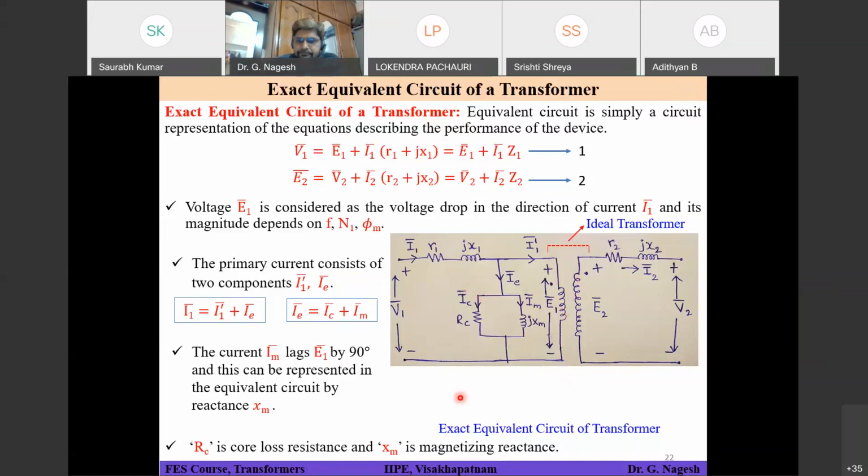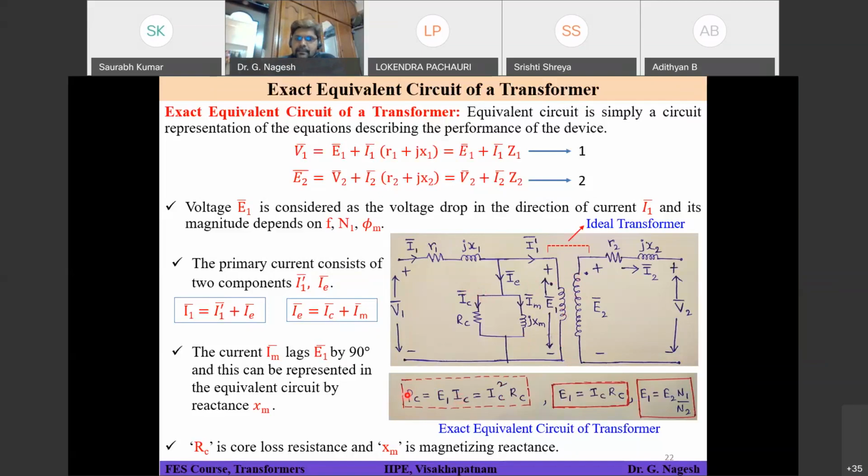Right. So if you get some expressions from this circuit, PC. What does PC stand for? Power consumed in core by RC. Okay, so power consumed in the core or core losses.